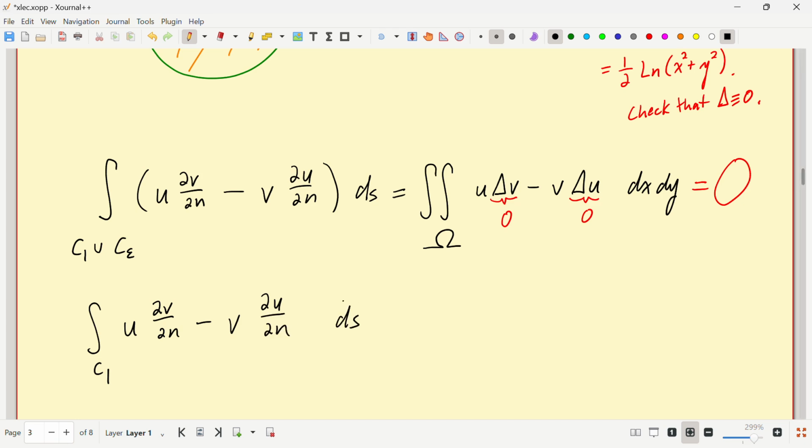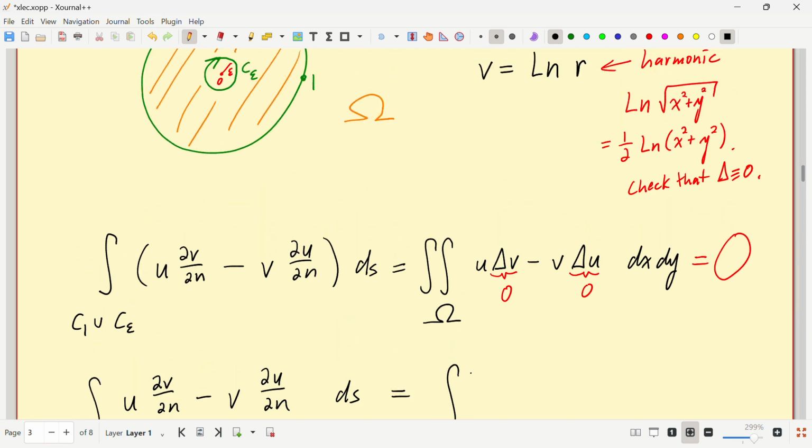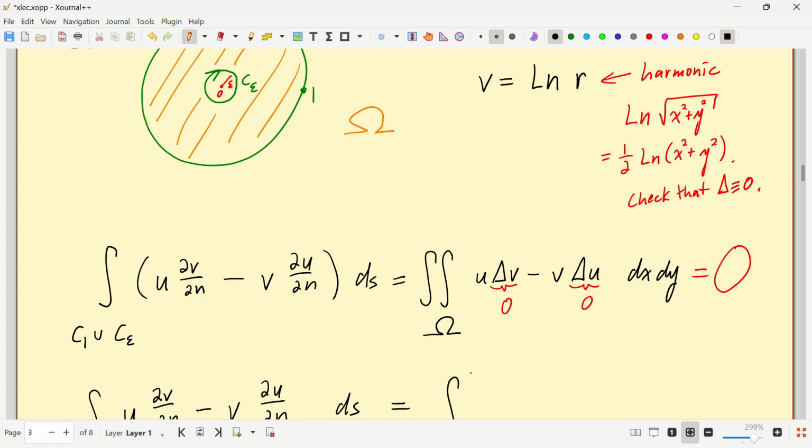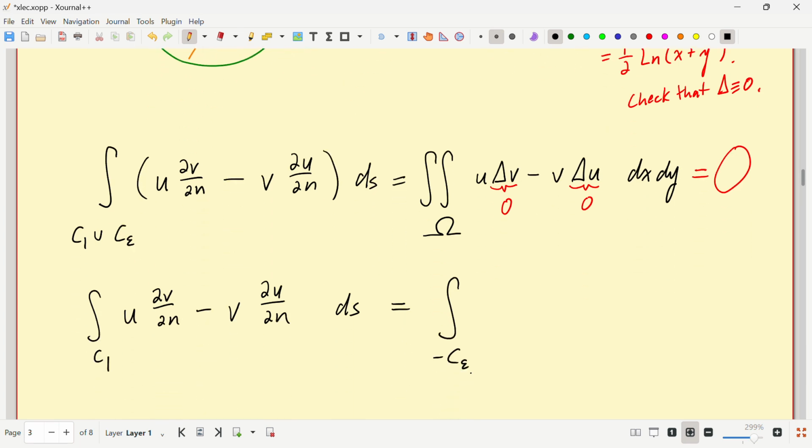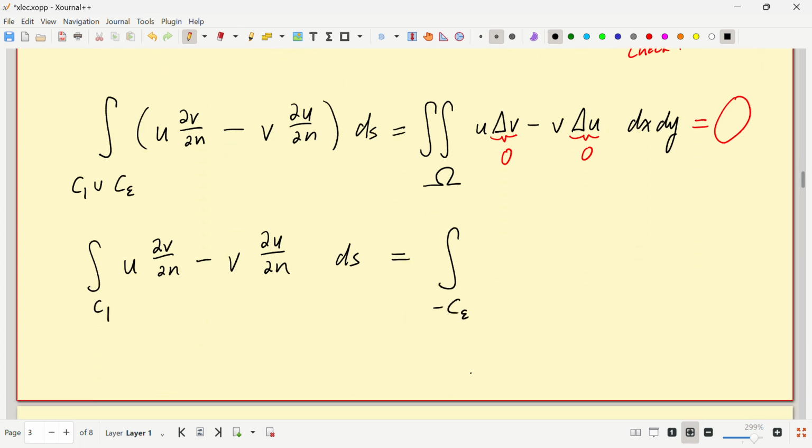And now I can put it on the other side, that's equal to the integral around c sub epsilon. If I go the other way, that would make that integral minus. That would make it counterclockwise. That c sub epsilon is clockwise. When I put it going the other way, it's going to be counterclockwise. And so I get the same thing here. And these integrals turn out to be very simple to compute.